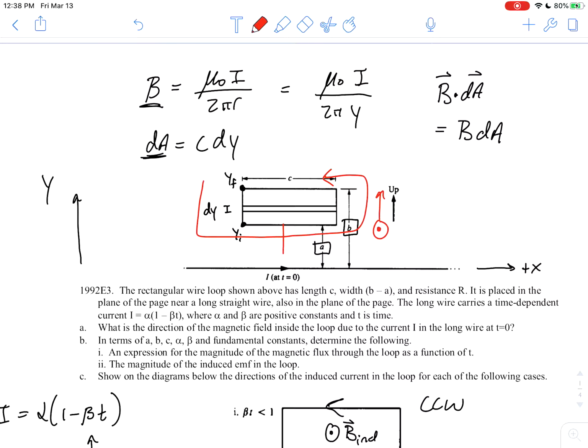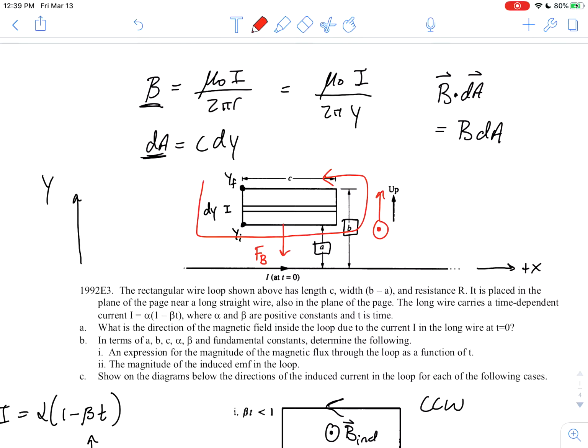So the magnetic force on this part of the wire is going to be down. Okay? If you look at the sides, so the right side, your thumb would go up for the current, fingers go out of the page, so the force on the right side of the wire would be to the right. Force on the left side of the wire is going to be to the left, but those are going to cancel each other.